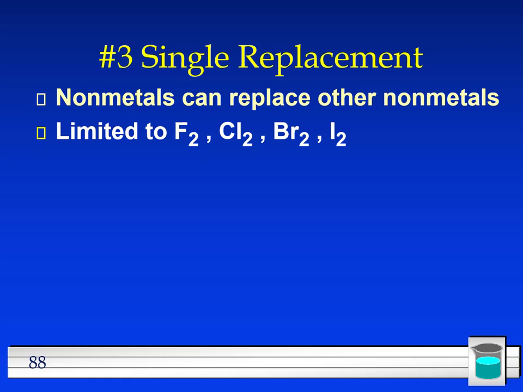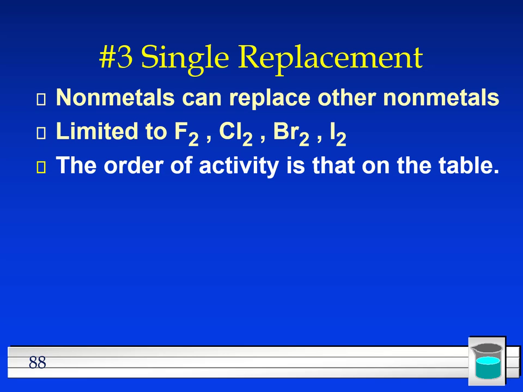It's printed down here at the bottom, in exactly the same order as the periodic table. F's on top, I's on the bottom. So the most active replaces the least active. The top replaces the bottom.